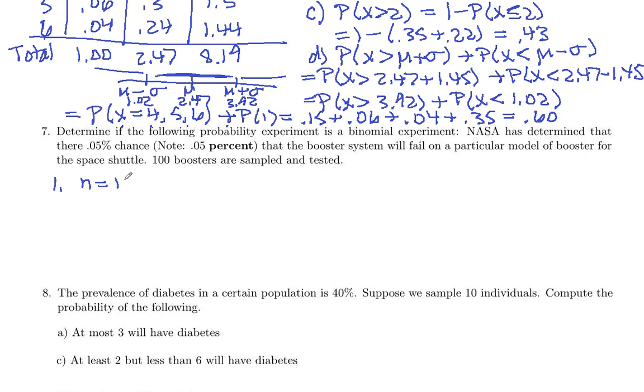So n equals 100 is a fixed number of trials. Only 2 outcomes. The booster either works or it fails.